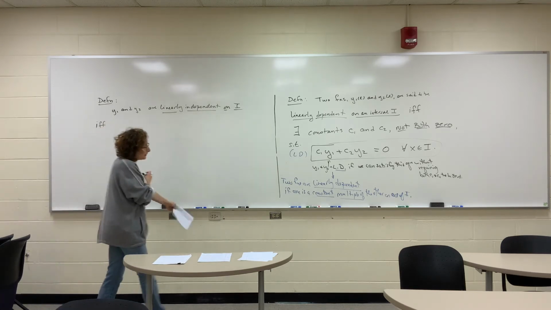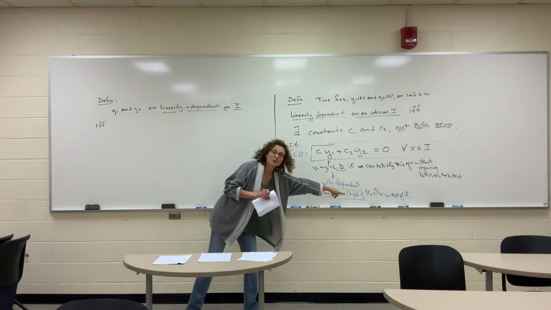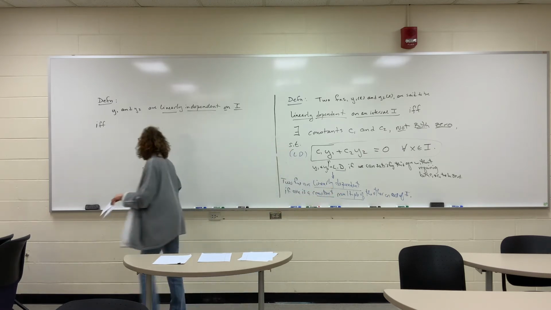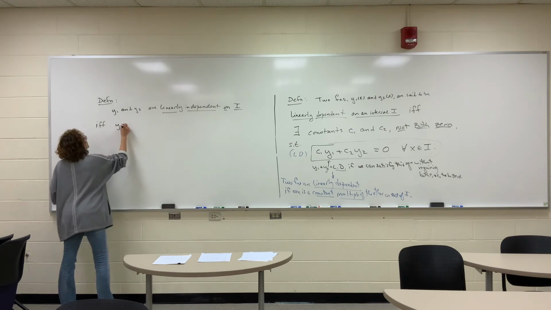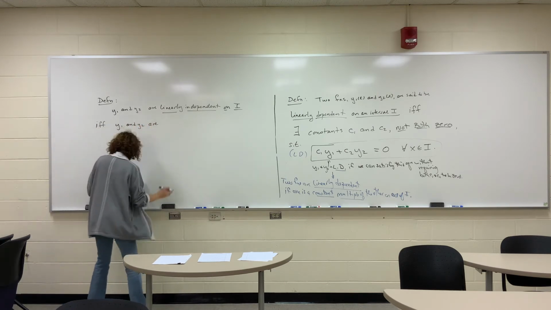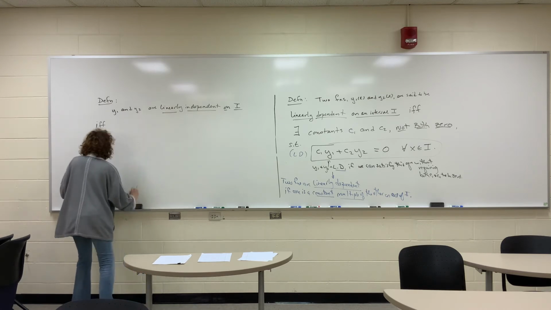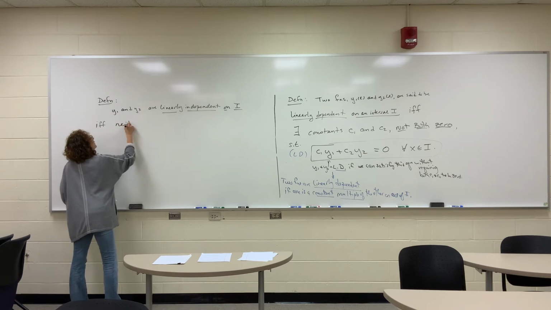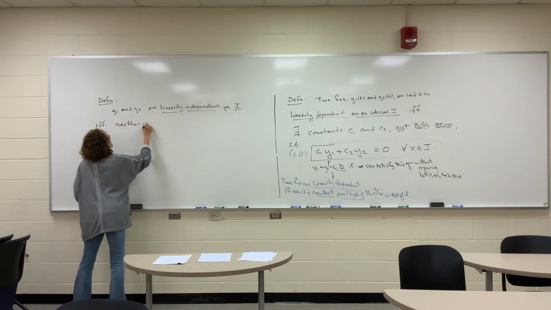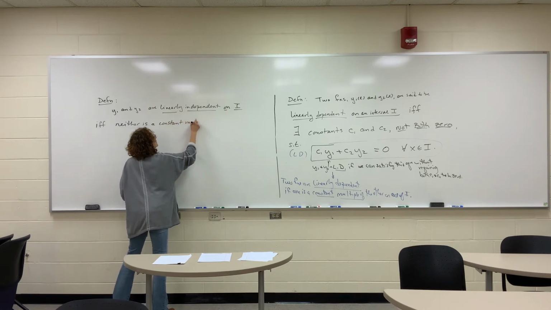One very simple way to say it is that they are not constant multiples of each other. So if and only if one is not a constant multiple of the other. So it's simpler to say it that way. How about neither is a constant multiple of the other?